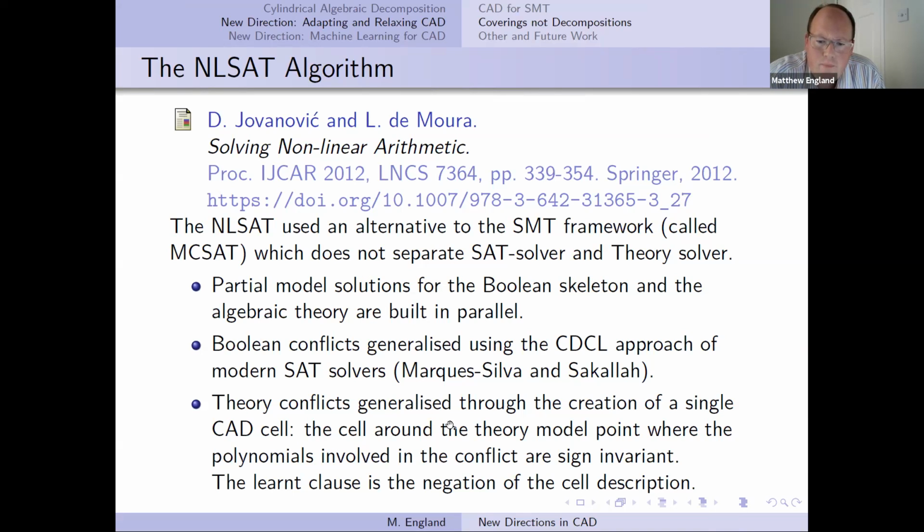And when you get a conflict with your algebraic variables, when some polynomial sign constraints can't be satisfied at the same time, then what they do is to build a single cell from a CAD, not a whole CAD, but a single CAD cell, which is the cell that contains the current model point, upon which the polynomials involved in the conflict are sign invariant. And the semi-algebraic description of that cell becomes the learnt clause, which informs the future search.